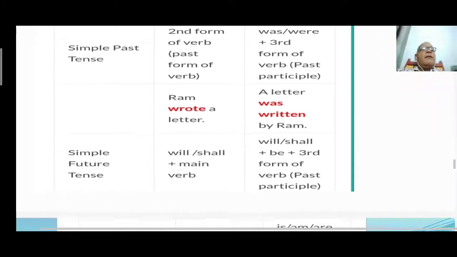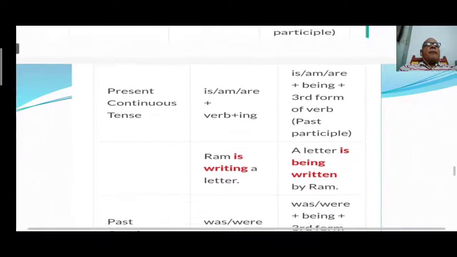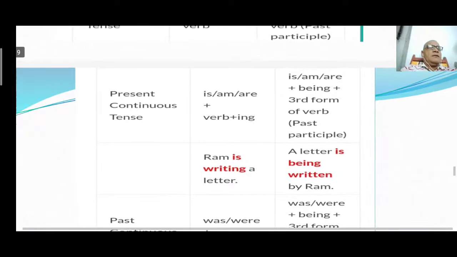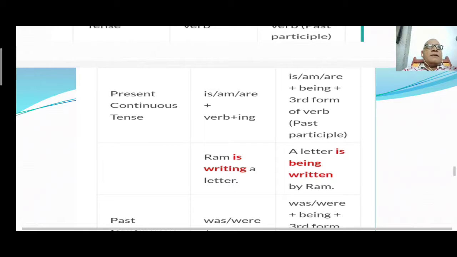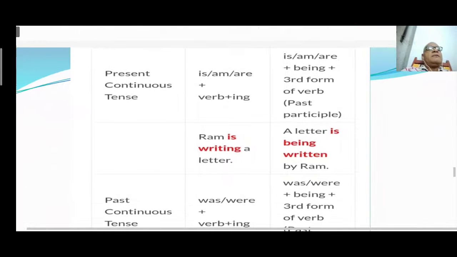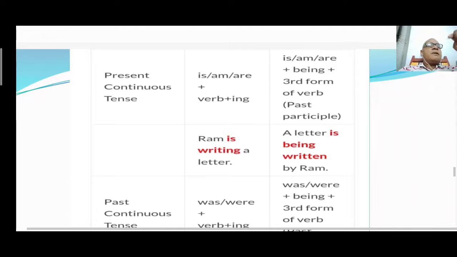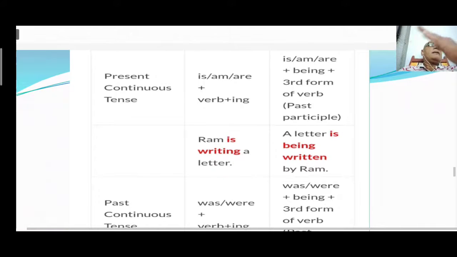Then if we move further, how present continuous, simple past tense, simple future tense, simple present tense were changed from active to passive, as we have seen. Here, when we come to continuous, present continuous and past continuous have passive forms, but future continuous tense does not have any passive form.